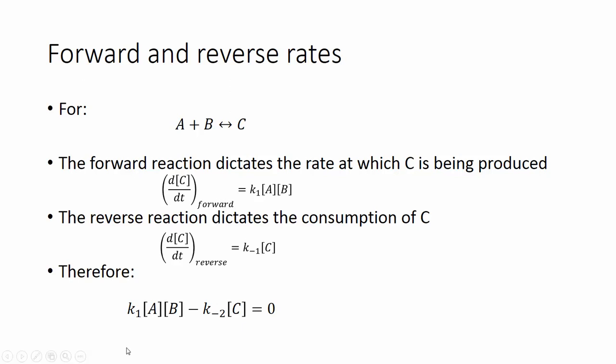Therefore, we can put this together: k1 AB minus k negative 1 C is equal to 0.